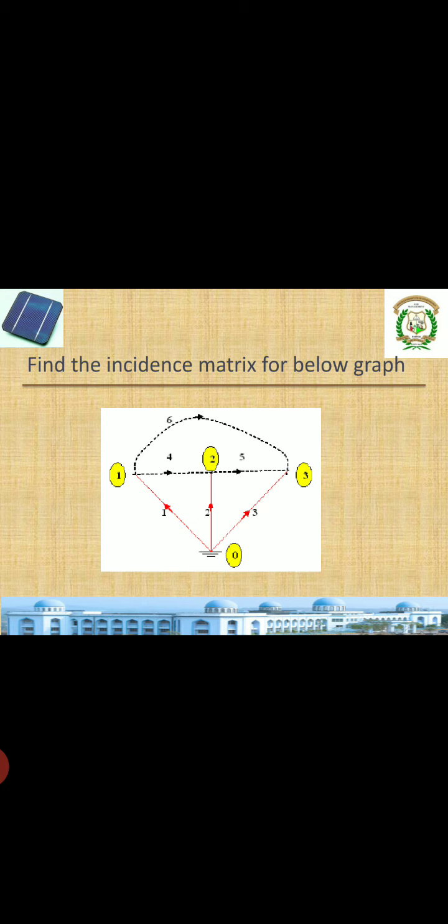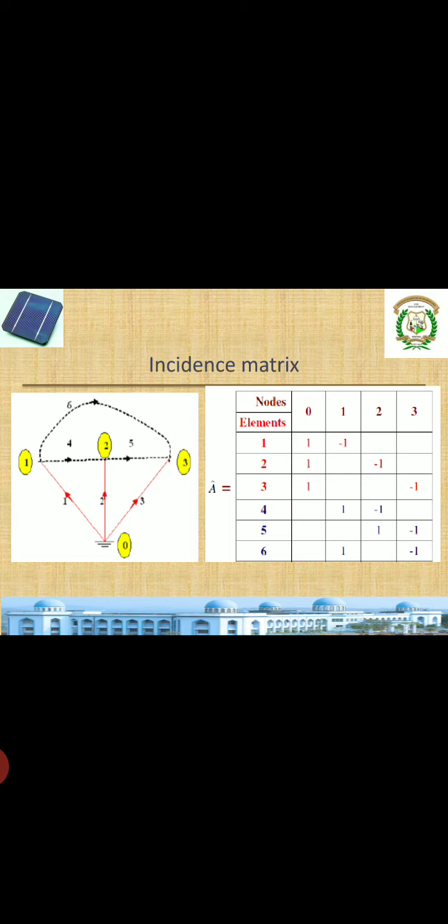So how do we write the incidence matrix or A cap matrix for this graph? I have written a matrix of order 6 cross 4. On the right side, element-wise it is 1 to 6, and node-wise it is 0, 1, 2, 3.